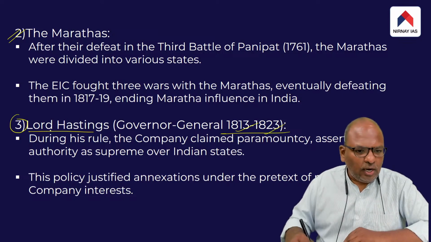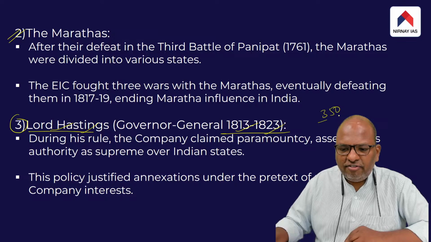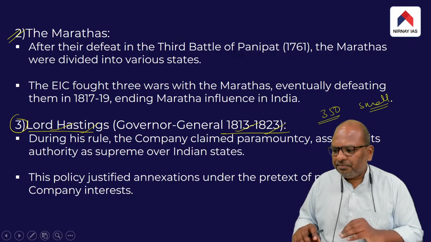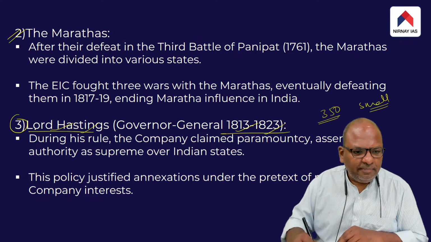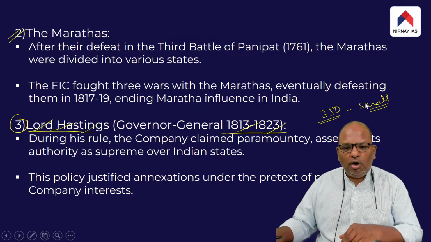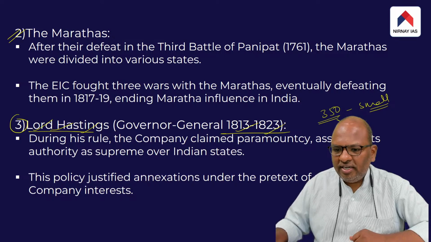During Lord Hastings' time period, close to 350 small sized kingdoms were occupied by the British. Most of these kingdoms were located in central India.